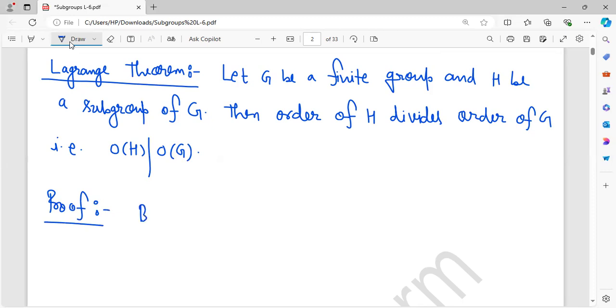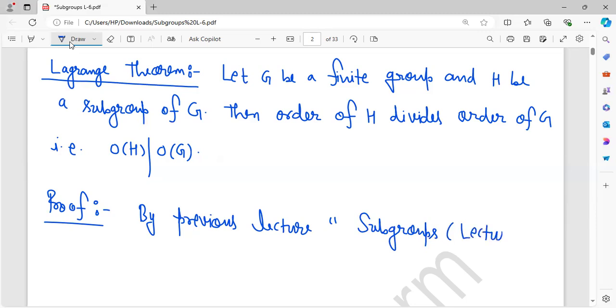By a previous lecture, subgroups lecture 5, we have G is a disjoint union of aH.